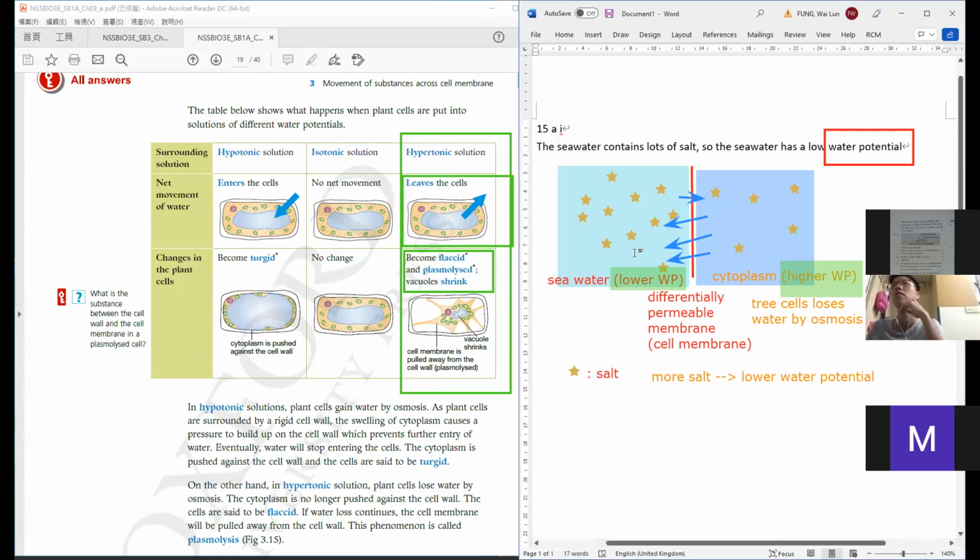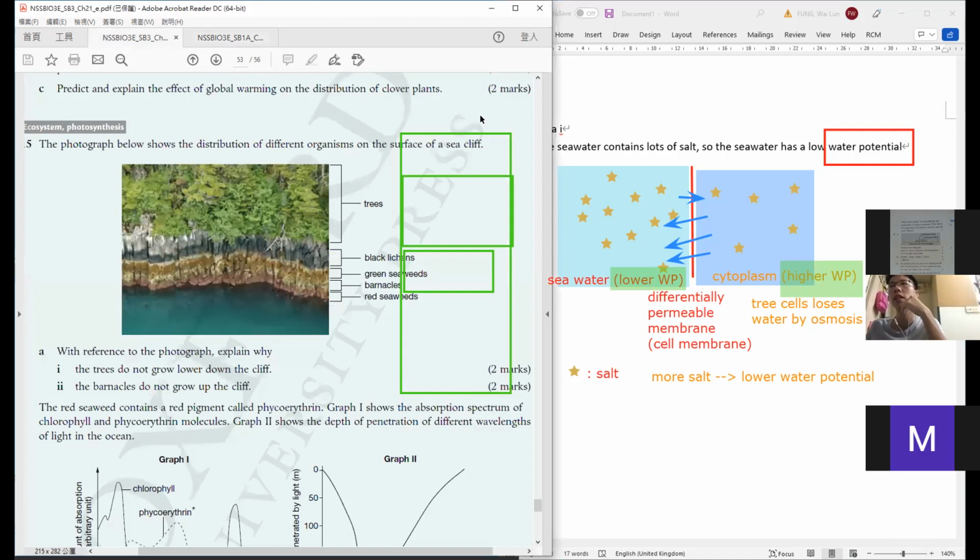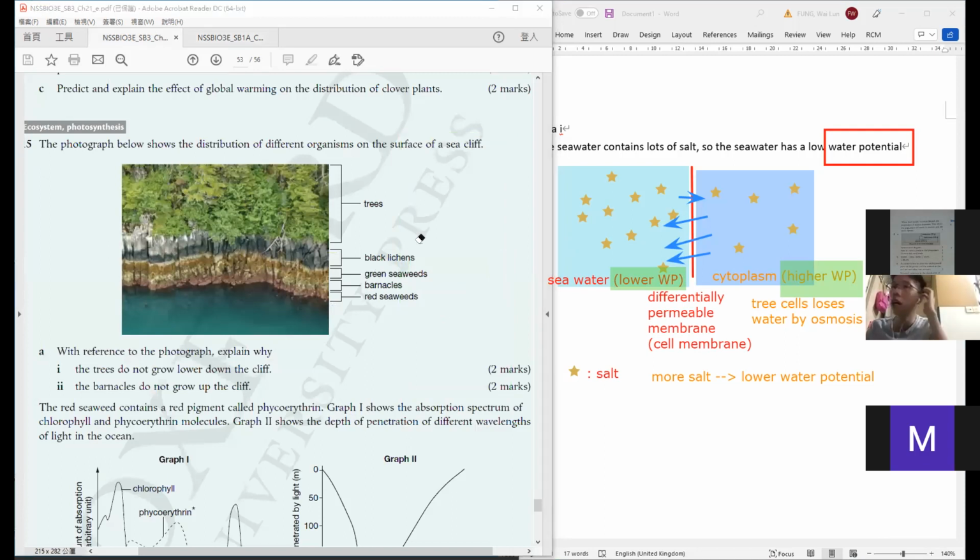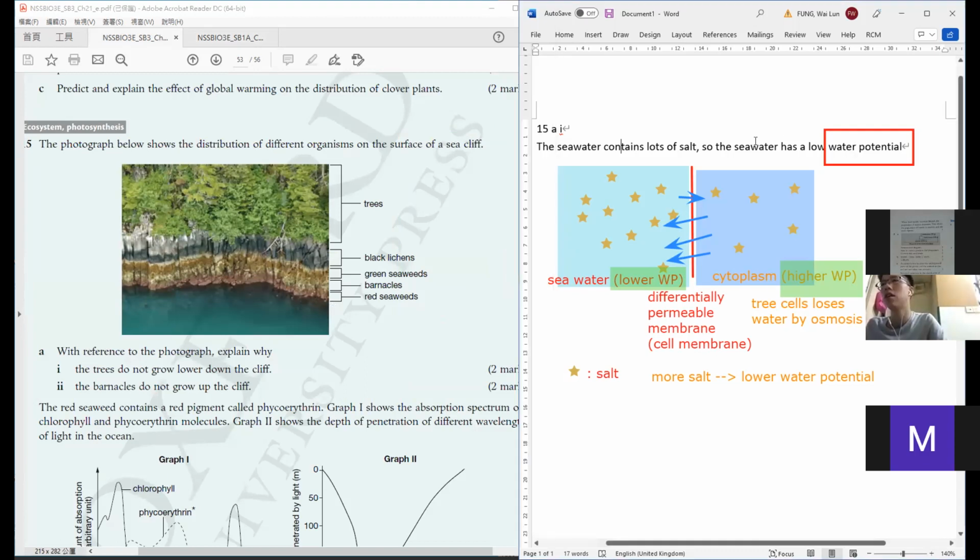Okay. So to explain this, we will say the seawater contains lots of salt. So the seawater has a low water potential. And what's the result then?